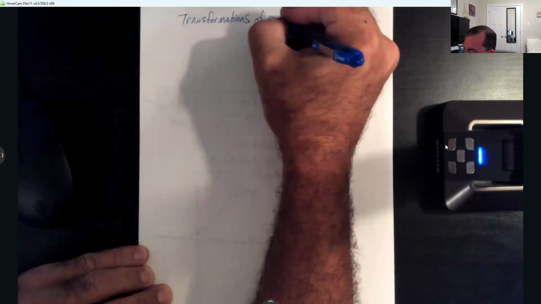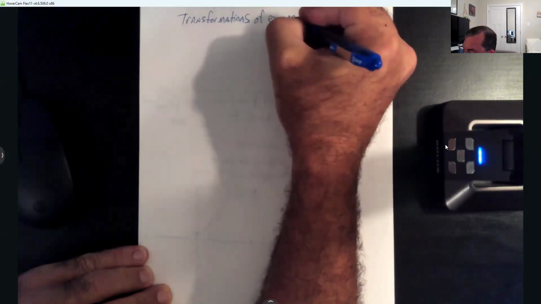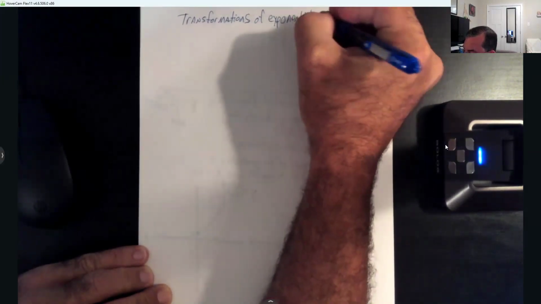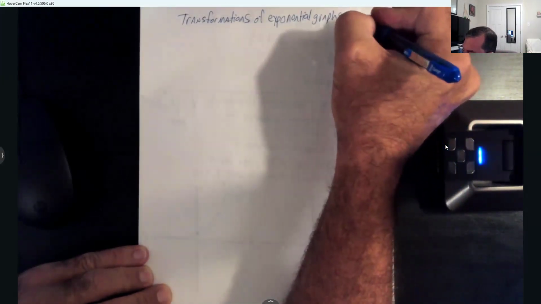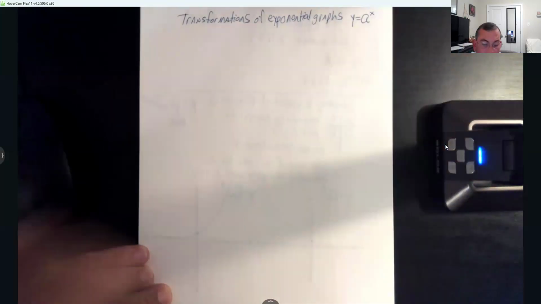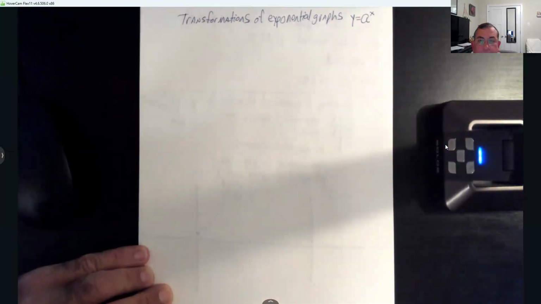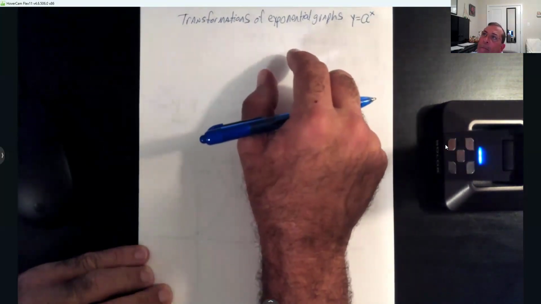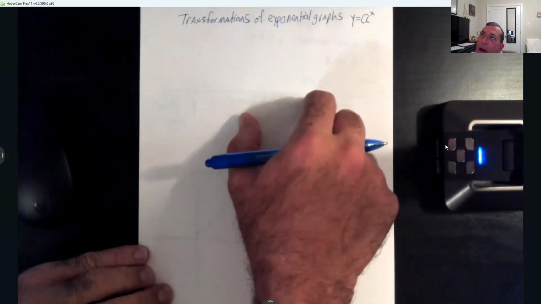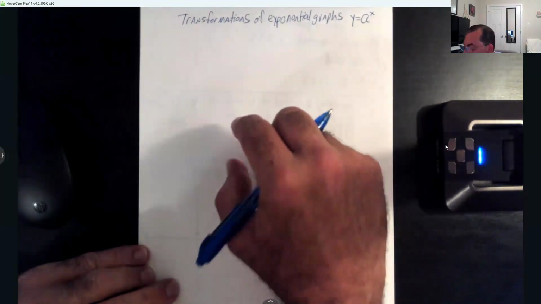So transformations of exponential graphs. Remember, these are in the form of y equals a to the x. All right, so if you remember before, we could go up or down, we could go left or right, and we reflected across the x-axis.